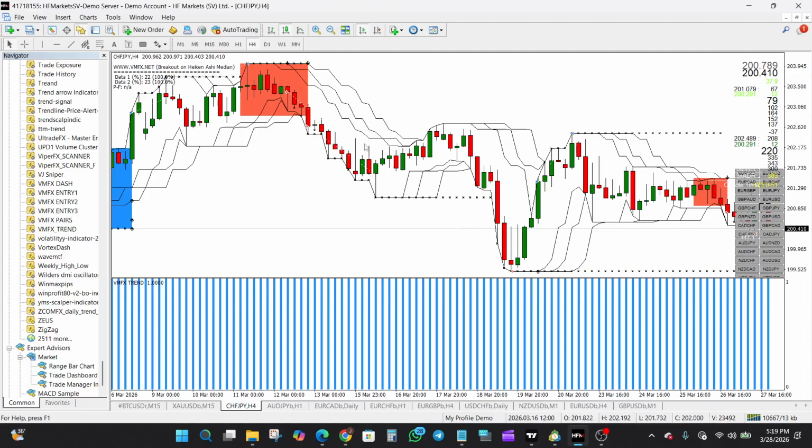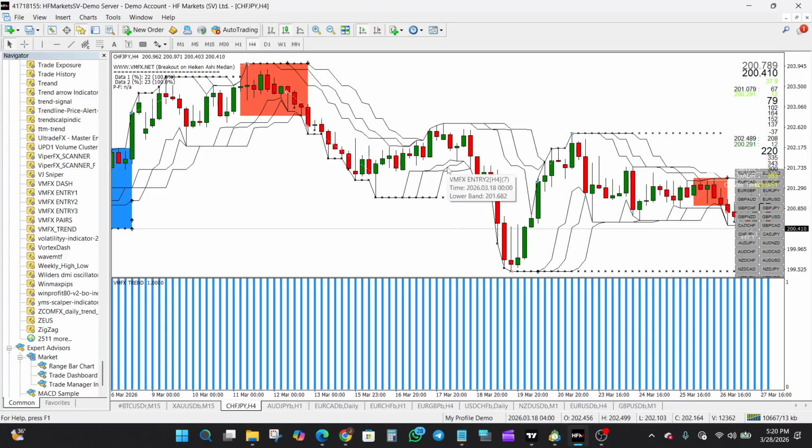You can also see this particular aspect of the indicator that serves as dynamic support and resistance levels. This should be the VMFX Entry. We have the VMFX Entry 1, VMFX Entry 2, and VMFX Entry 3.